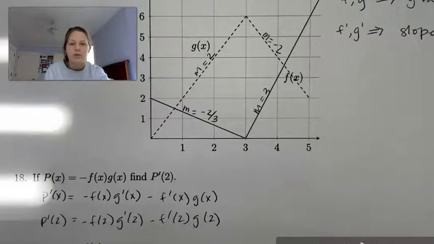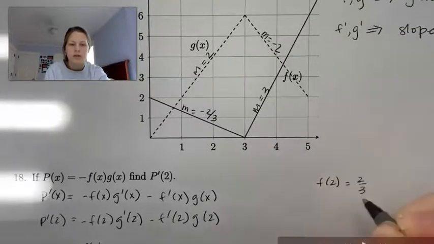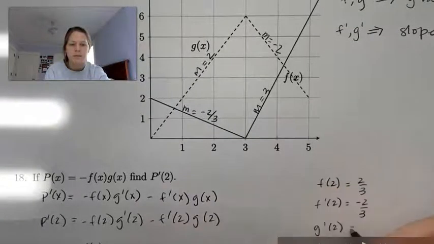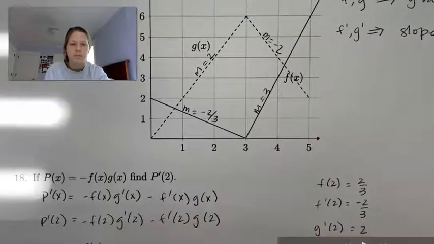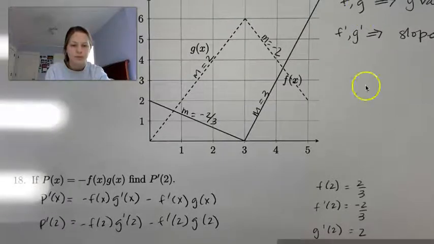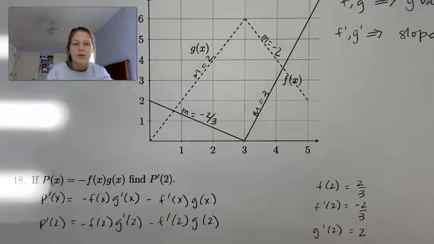So first, we're going to find f of 2. So let's go a little bit to get these values, and then I'll explain how we found them. Okay. f of 2 is equal to 2/3.